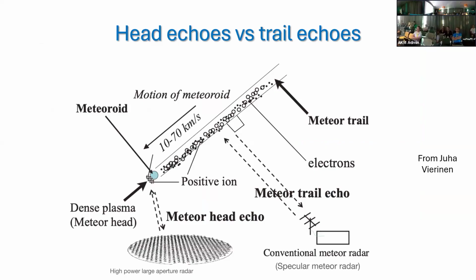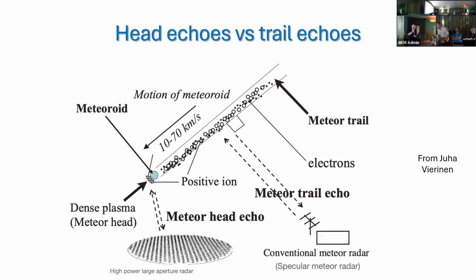I took this slide from the presentation of Yua, because it shows the difference between a meteor trail, where you have reflection on a very long trail created behind the object, with a really big radio cross-section.